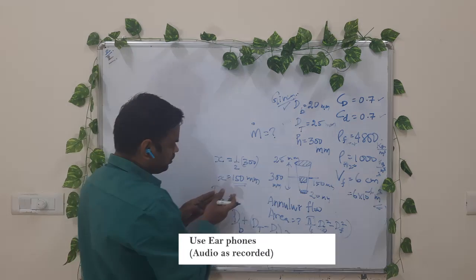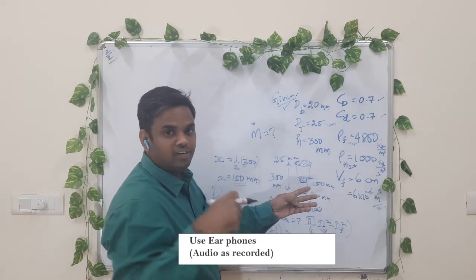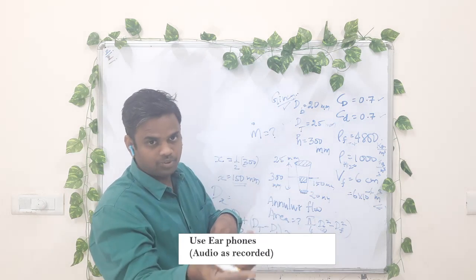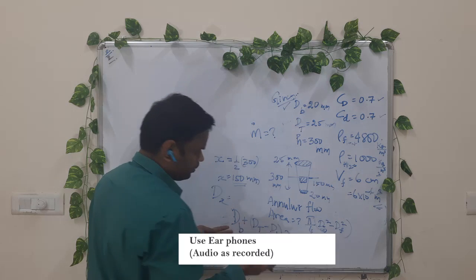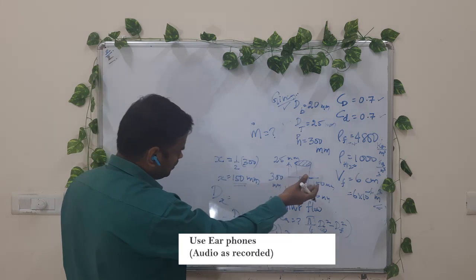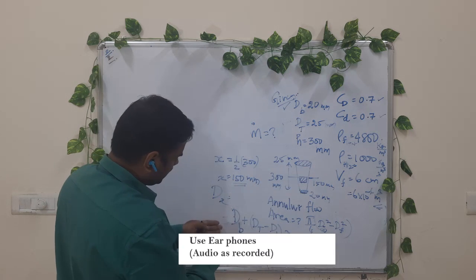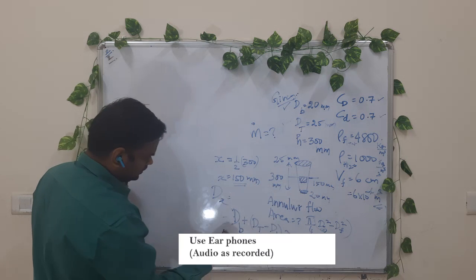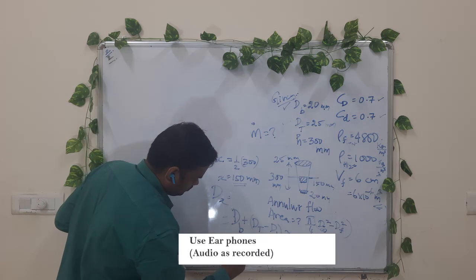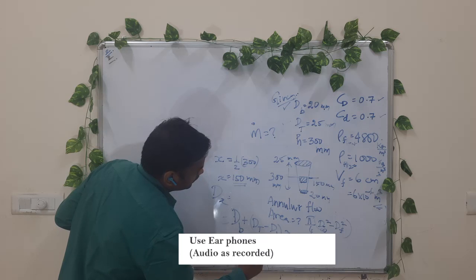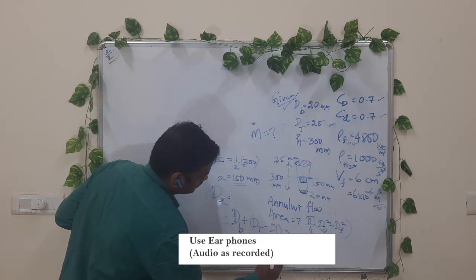I am writing this formula because the position could be given as a 2/3 division or a 1/3 division. Right now we can calculate that it is going to be 22.5, but how we arrive at it with this formula is 20 plus (25 minus 20) into x, which is 150 by 300.